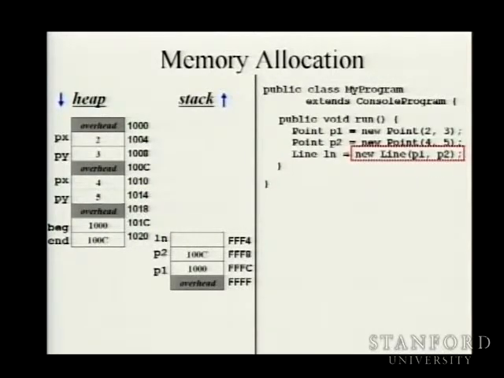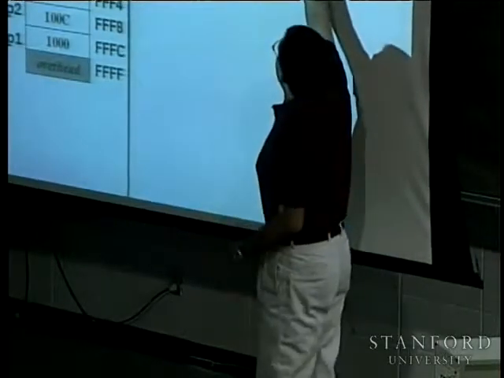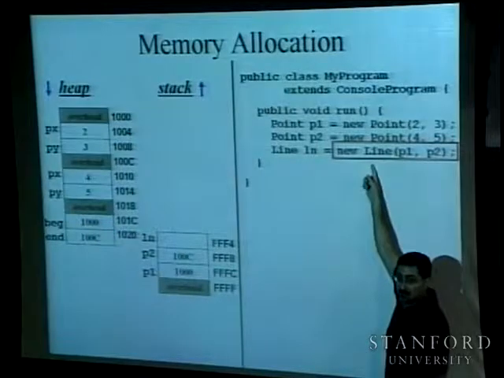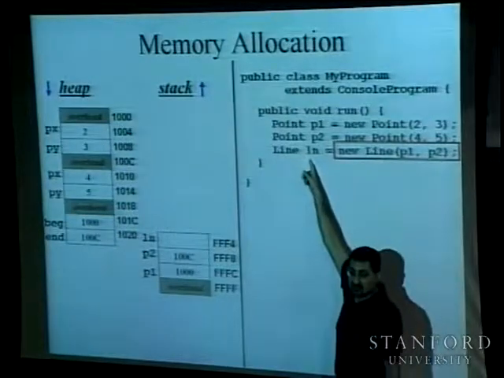And now we say, hey, thanks line constructor. First of all, thanks new. You allocated the memory for us. Thank you, line constructor. You went ahead and initialized all the fields that I needed for a line. What do I do with that now? And it says, what I need you to do is assign where that object lives to the variable line.